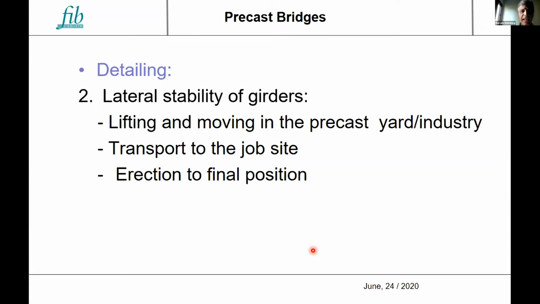To check for stability while lifting the girder to the final position, we'll present design criteria for all these checks. And this design criteria takes into account the effect of tolerances, of geometry tolerances or pre-stressing tolerances, and how these affect the safety against lateral stability.